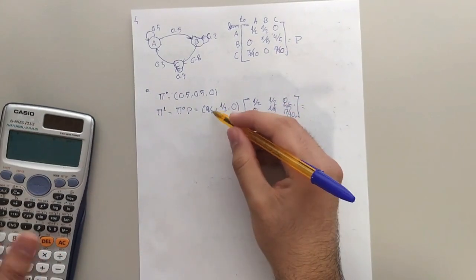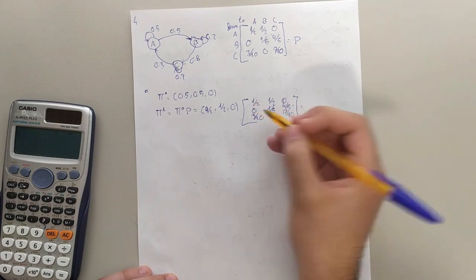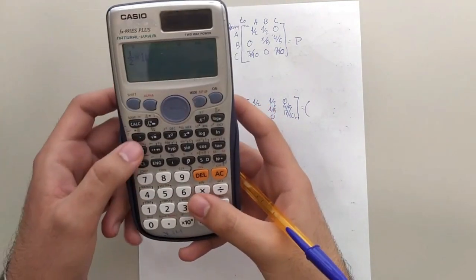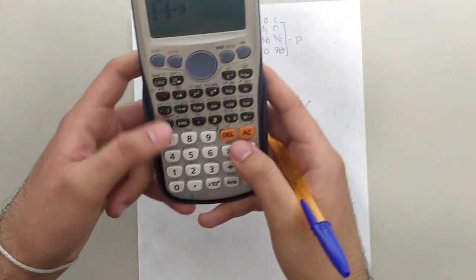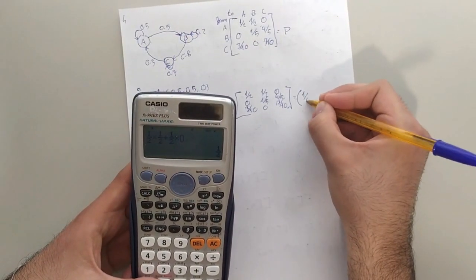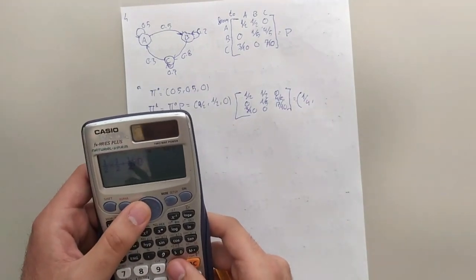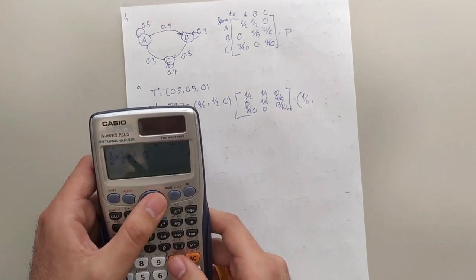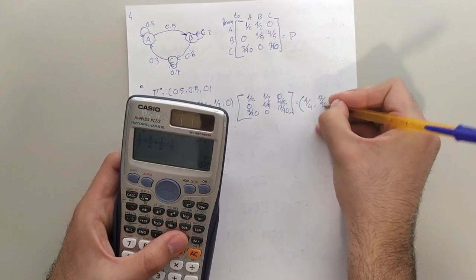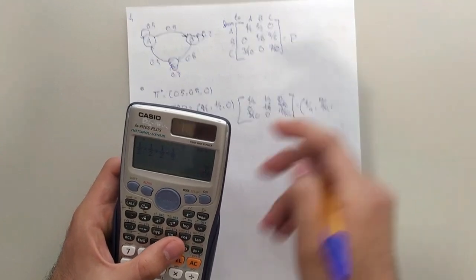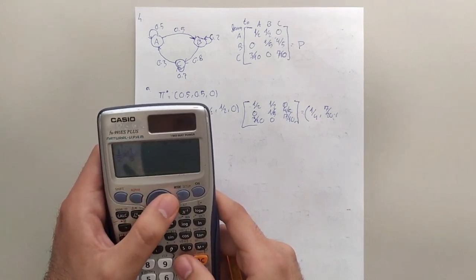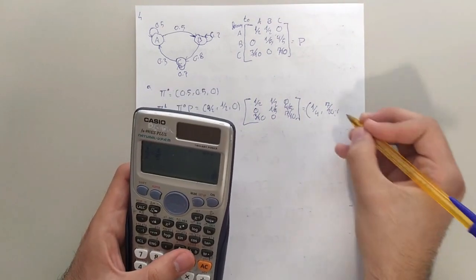This should be 1/2. So 1/4 here should be 1/2 times 1/2 plus 1/2 times 1/5, which equals 7 divided by 20, and lastly 1/2 times 4/5, which gives us 2/5.